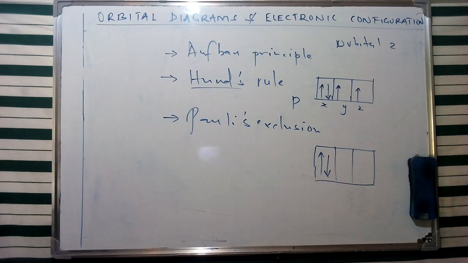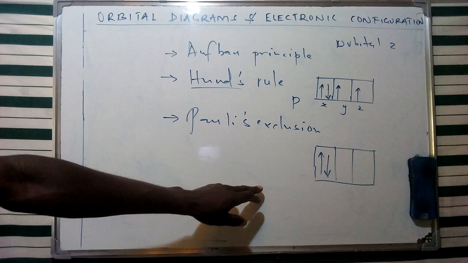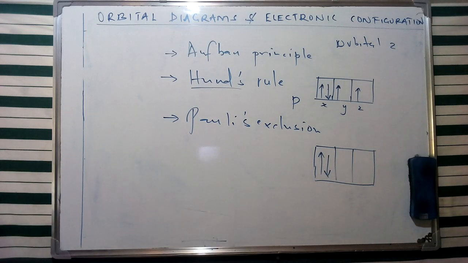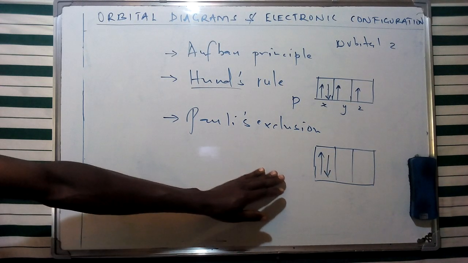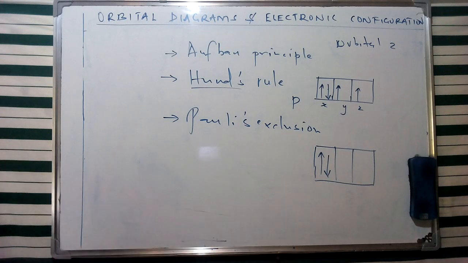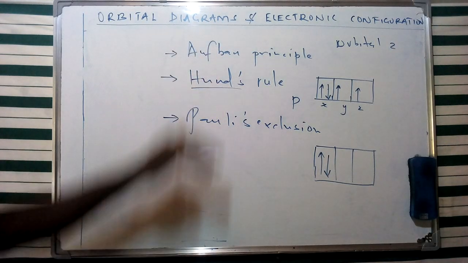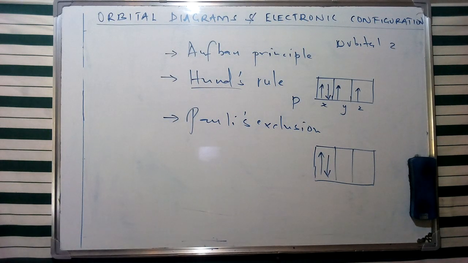According to Pauli's exclusion principle, if two electrons occupy the same orbital, they are going to have opposite spins. So these are some of the rules applicable in giving an electronic configuration, or rather the orbital diagram, for a specific element.